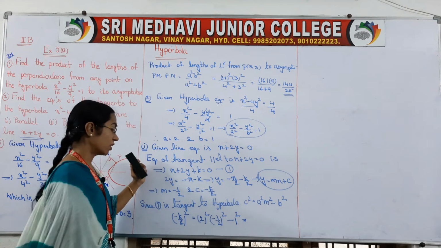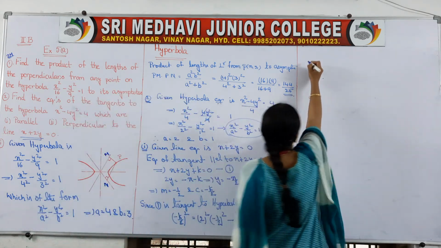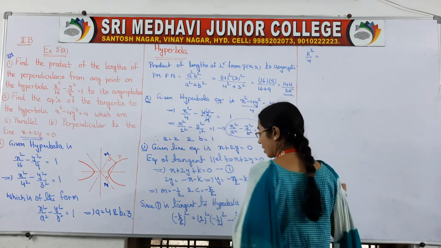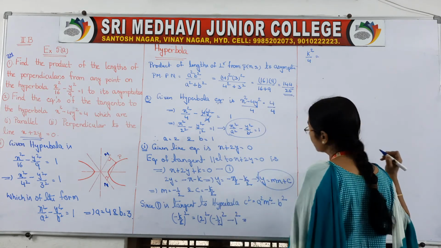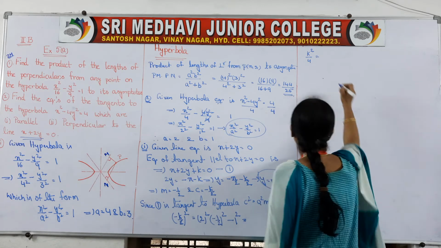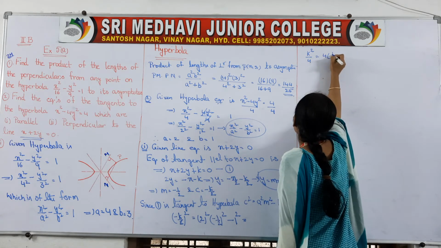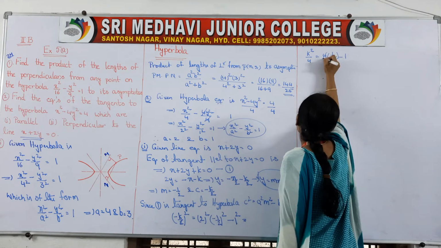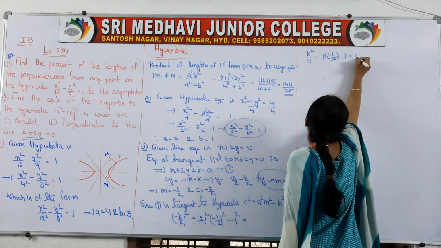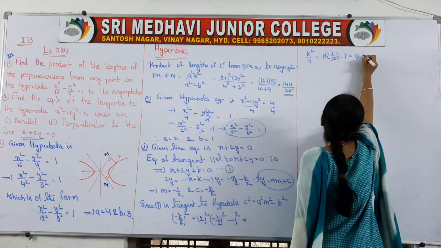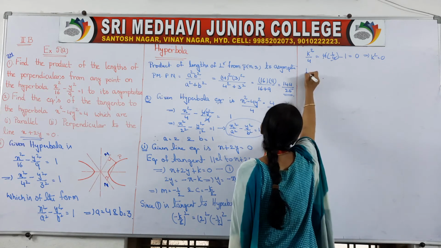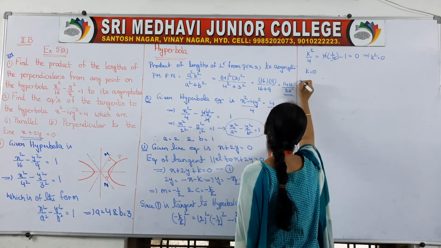Okay. Minus k by 2 whole square means it is k square by 4, is equal to 4 into 1 by 4, minus 1. 4 cancels, 1 minus 1 is 0. So this implies your k square is equal to 0, so k is equal to 0.